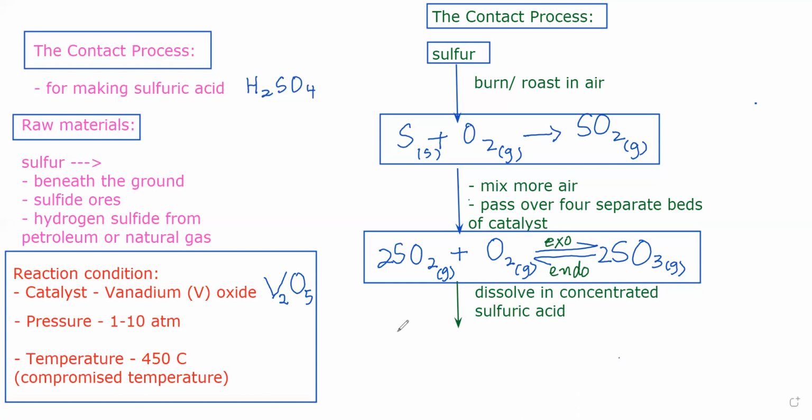Let me write here SO3, which will be dissolved with sulfuric acid, H2SO4, and it is going to give us H2S2O7, which is oleum.